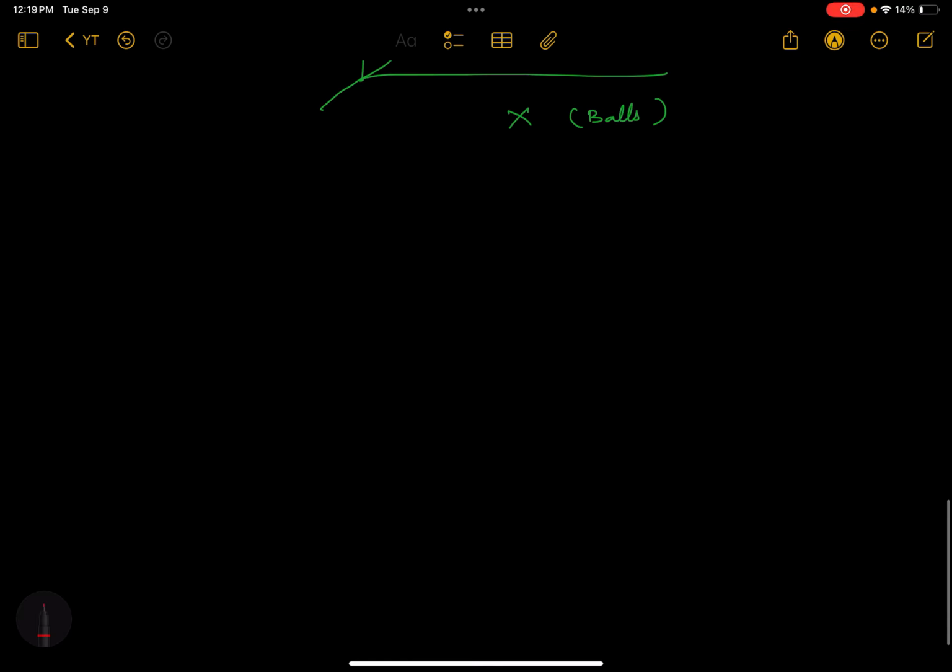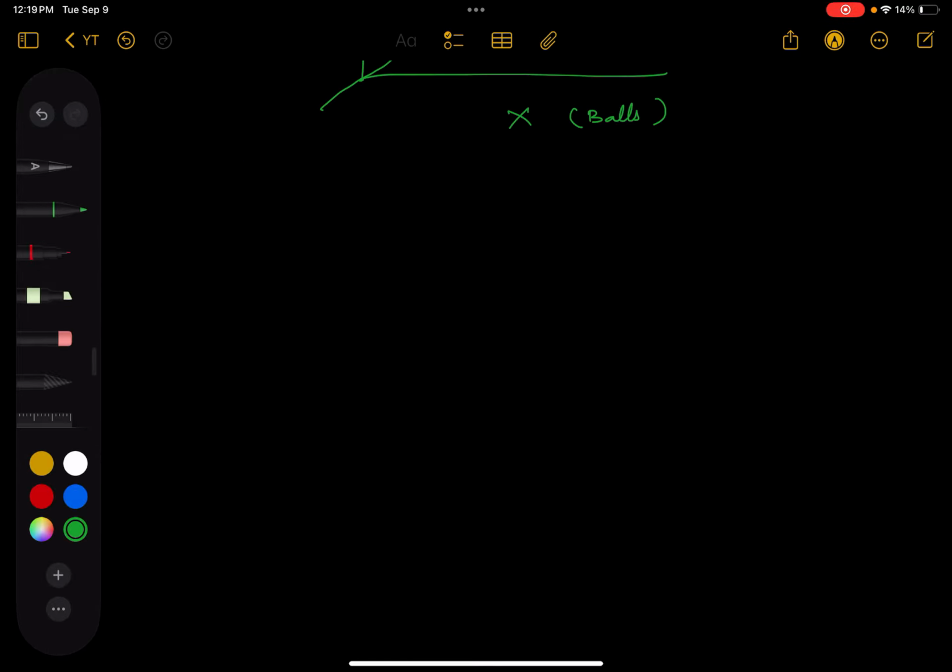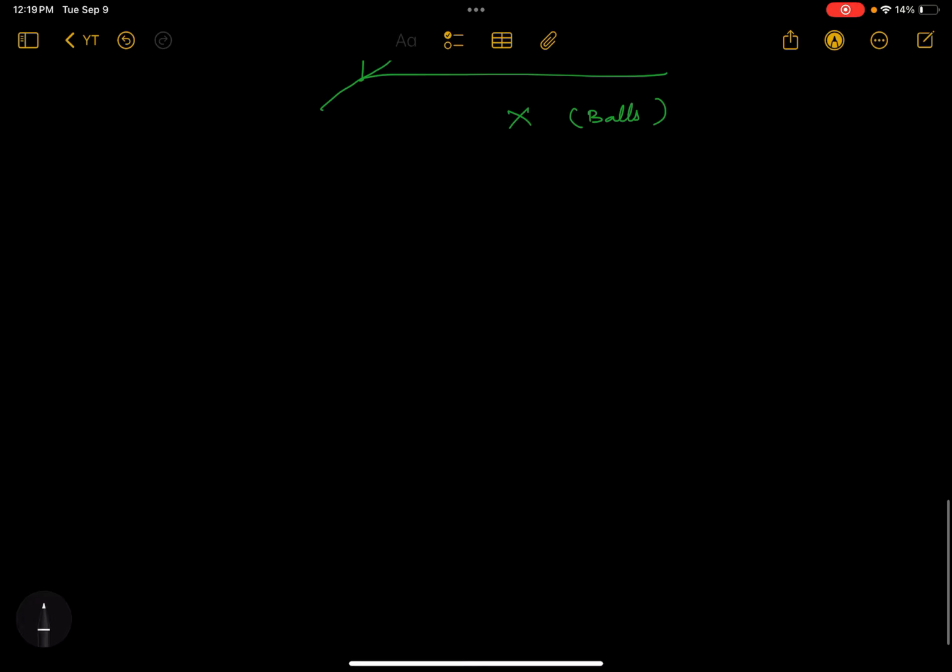So let's go to the next part. Let me change the pen. But what exactly are we predicting? We need to know what we are predicting, right? In machine learning we have two things. One is feature and the other one is target.